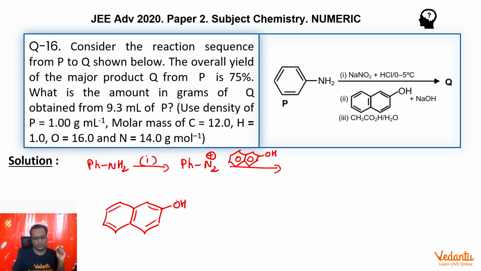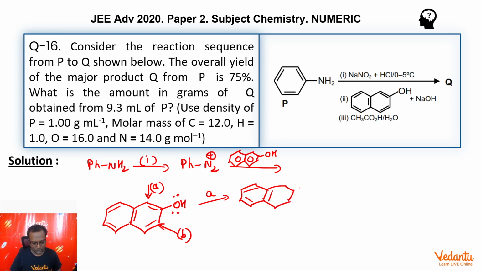So there are two possible positions. Because OH is a +M group, it will activate its ortho as well as para. So there are two possible positions. Let us call this position A and let us call this position B. Now, the incoming electrophile can attack at A as well as B. So let me show you what happens if it attacks at A. If the incoming electrophile attacks at A, we will have an electrophile attached here, OH attached here, the positive charge will come here, and a pi bond will be here.